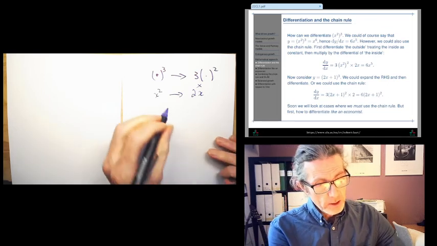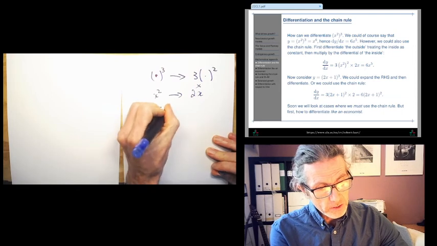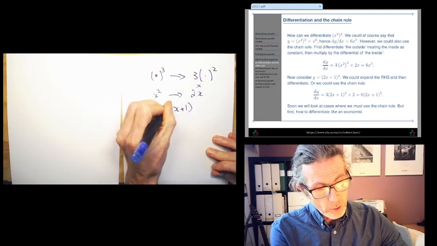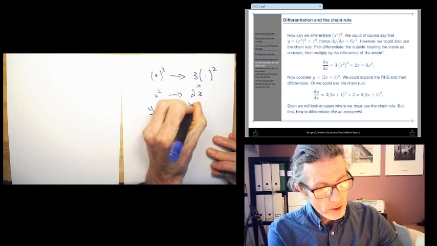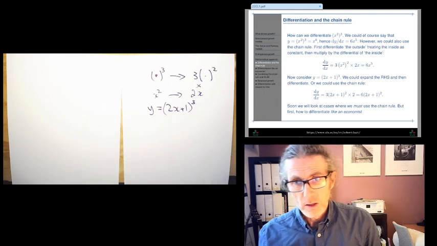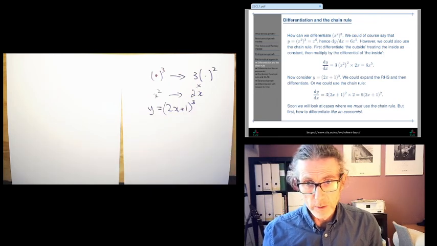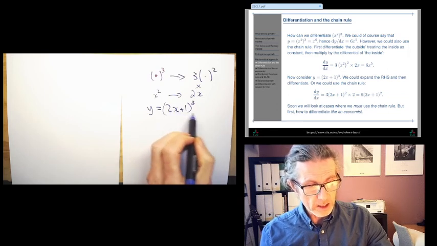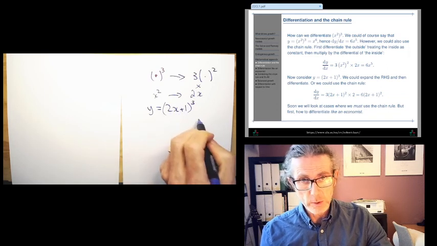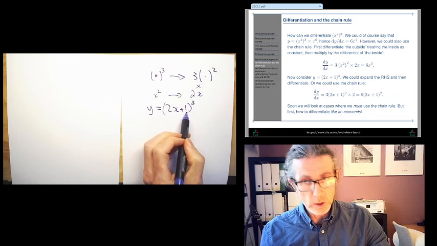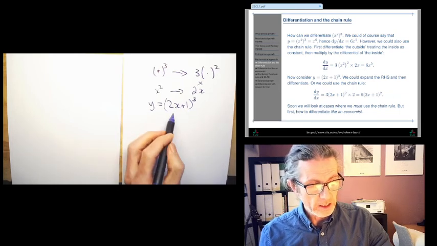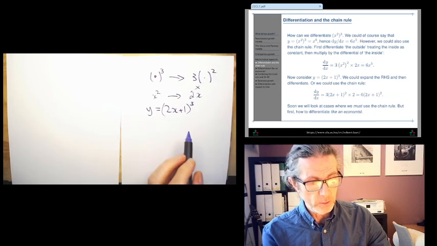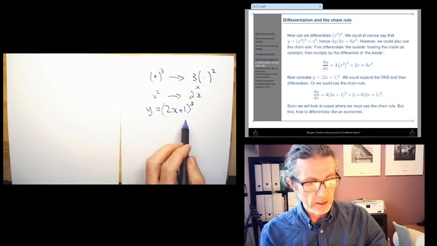Second case, y is 2x plus 1 cubed. Now, we could work that through. We could work out this cubic thing and get terms in x cubed, x squared, x, and plus 1. It would be like 8x cubed plus whatever x squared plus whatever x plus 1.